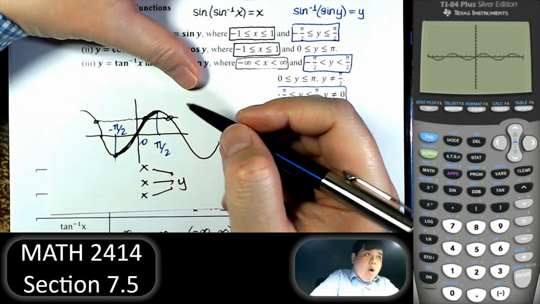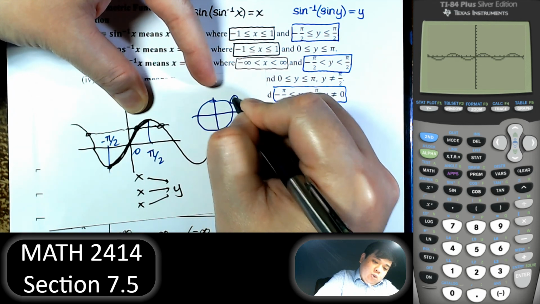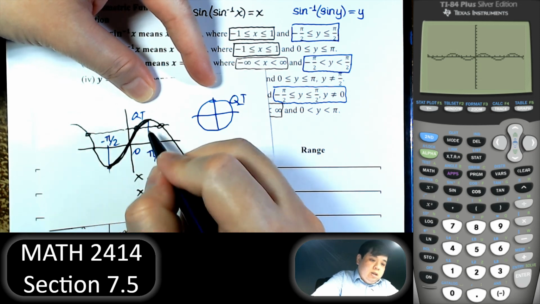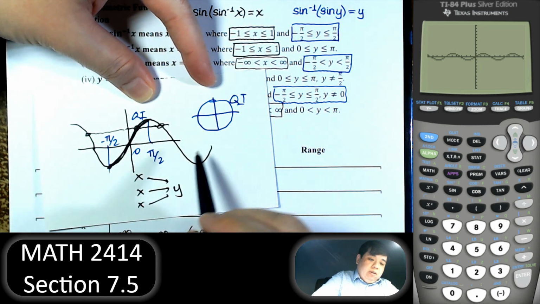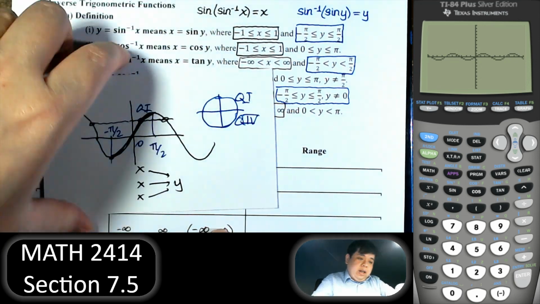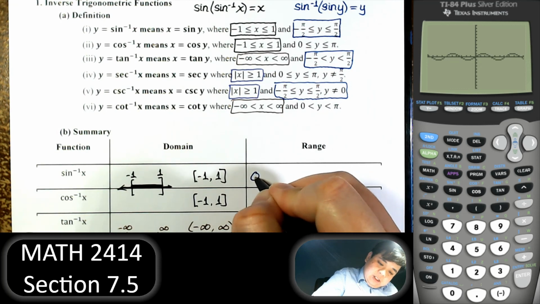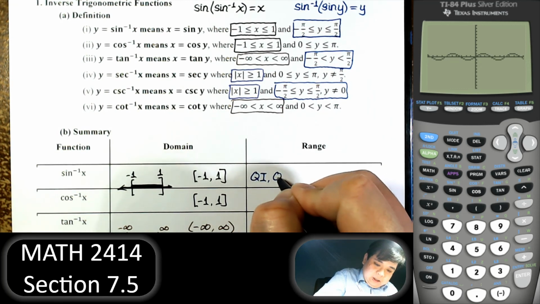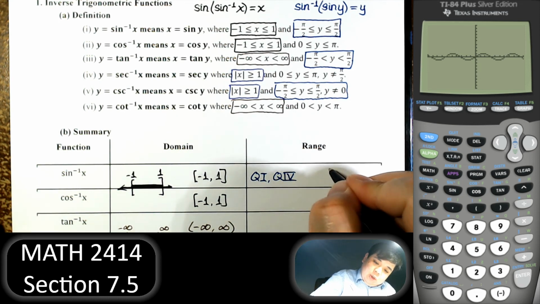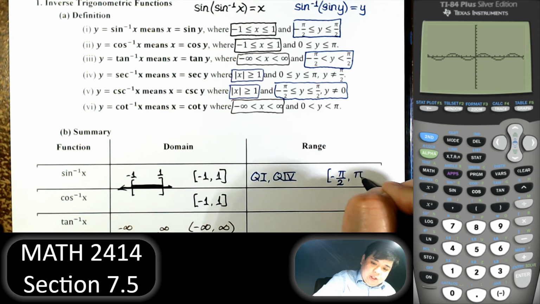Zero to pi over 2 is quadrant 1, and negative pi over 2 to 0 is quadrant 4. So for sine inverse, it is in quadrant 1 and quadrant 4, between negative pi over 2 and pi over 2.